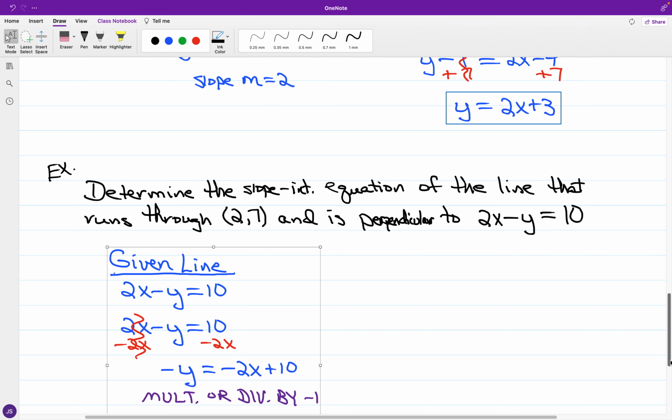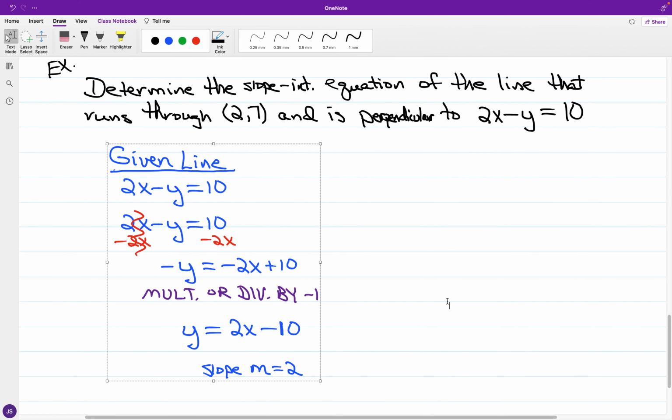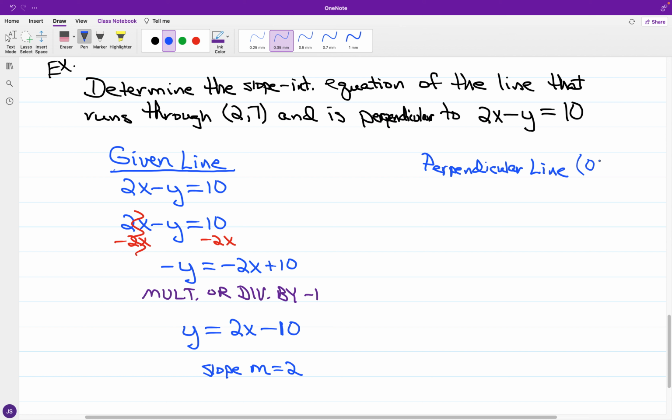So again, the given line has a slope of 2. For the perpendicular line, we use a little symbolism. Perpendicular lines will have opposite sign reciprocal slope values, OSR, opposite sign reciprocal.